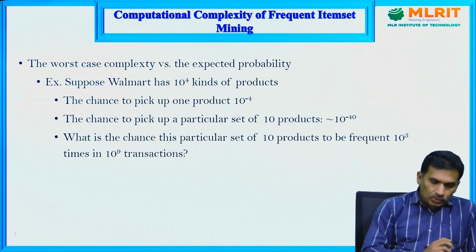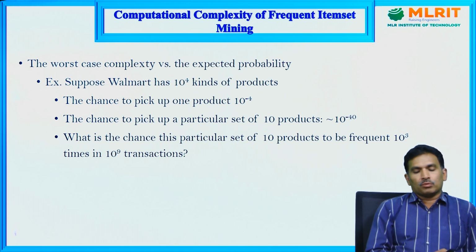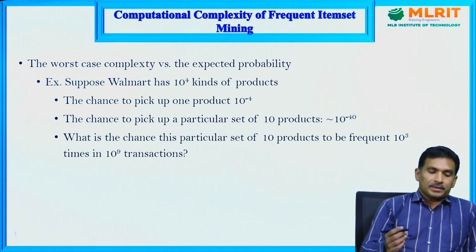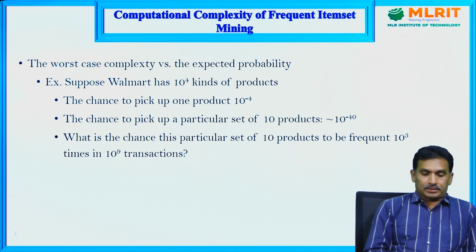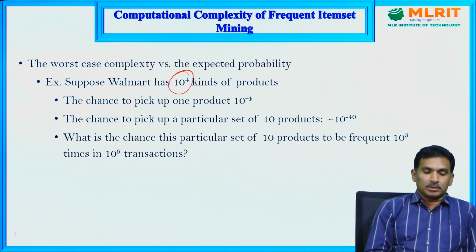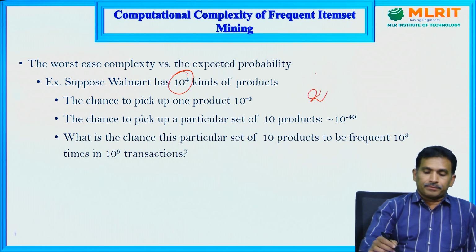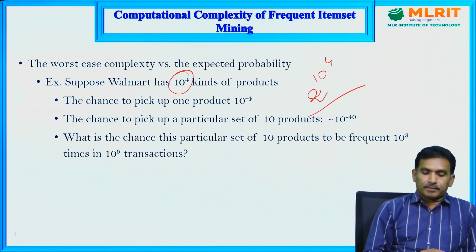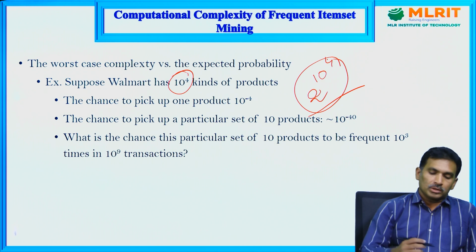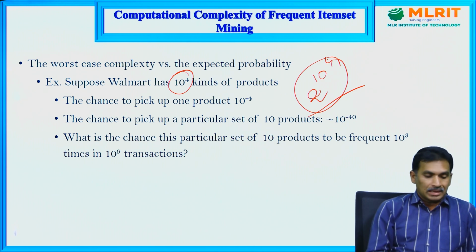Another is the worst case time complexity versus expected probability. For example, if you take a Walmart, there are 10 to the power of 4 kinds of products. Just imagine. Then we have to scan 2 to the power of 10 to the power of 4 number of item sets. You can imagine how big this number is.